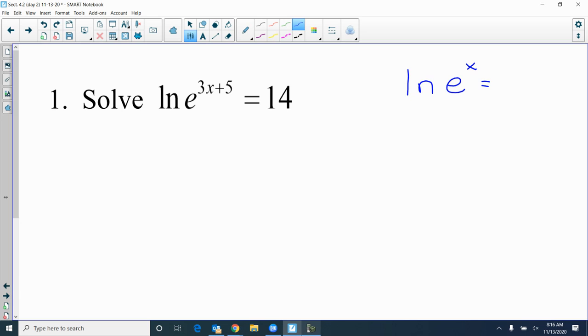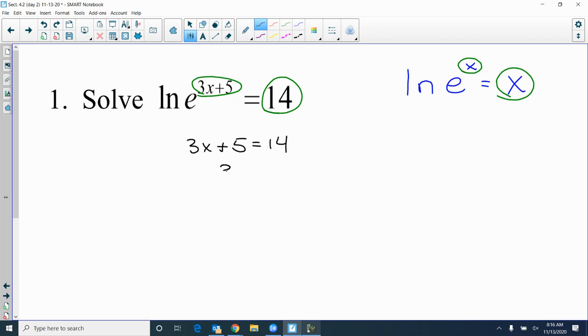Well, how does that apply to this? Whatever the power is has to be what that equals. Well, what's the power here? 3x plus 5. What does that have to equal? It's got to equal 14. So 3x plus 5 has to equal 14. 3x has to equal 9. X has to equal 3.